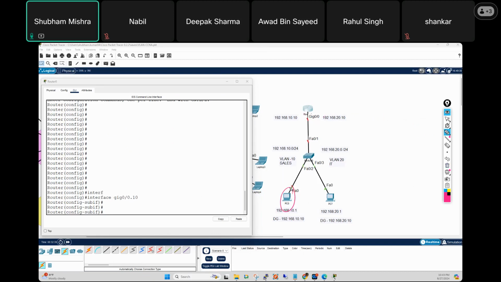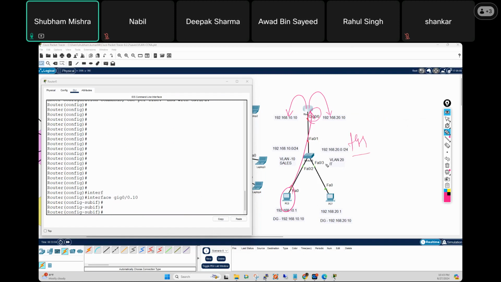When this PC sends the packet here, the router receives this packet on gig 0/0. The router needs to forward this packet either towards this interface or this interface. But the router cannot send the packet in plain form. It means the router must encapsulate, or you can say perform the tagging.